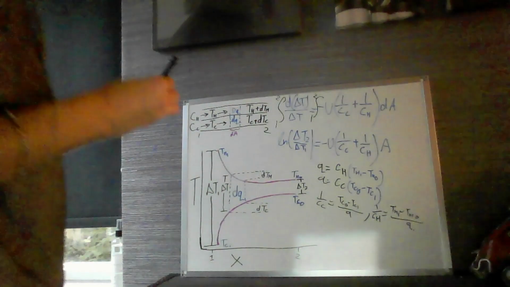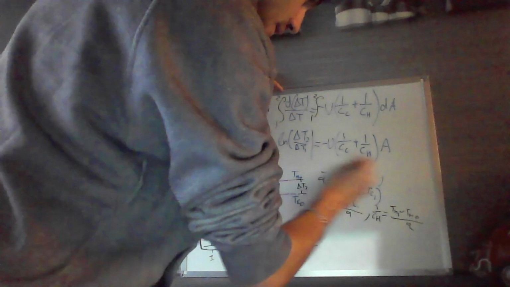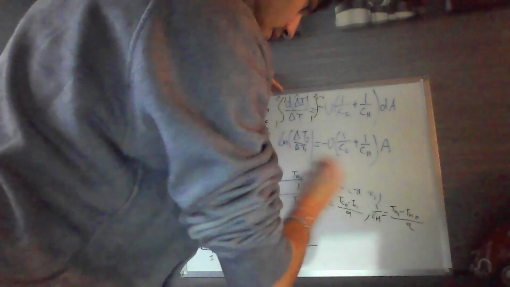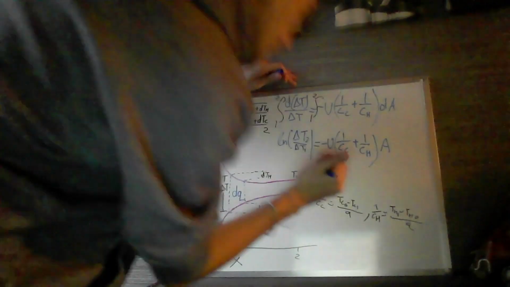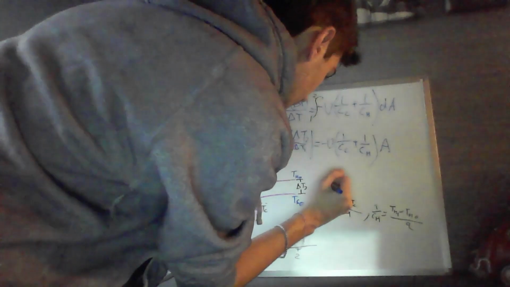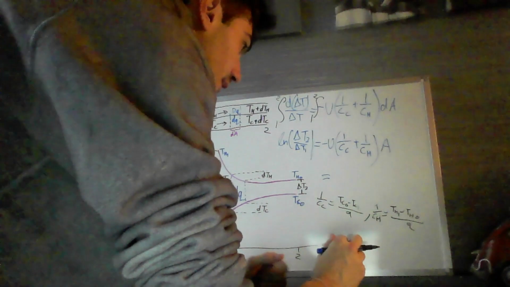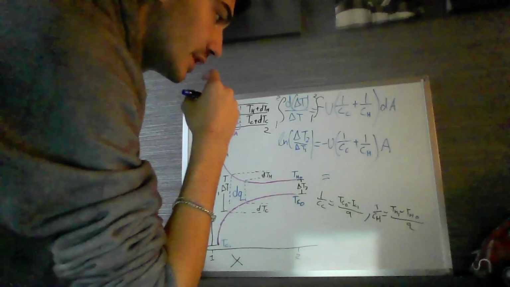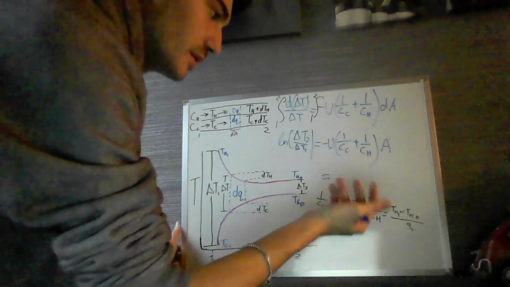Alright, so now I can go ahead and erase this. Oops, and plug those expressions into our equation for our reciprocals. I'm going to keep the left hand side, but we're going to set it equal to negative UA, and then I'm actually going to take the Q out, just to simplify things in our expression a little bit.